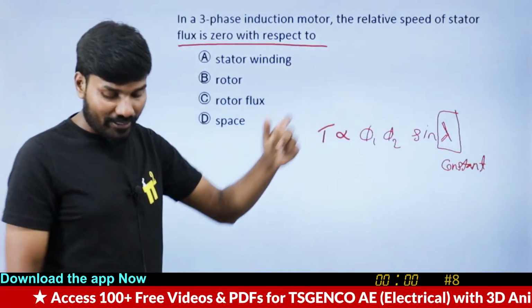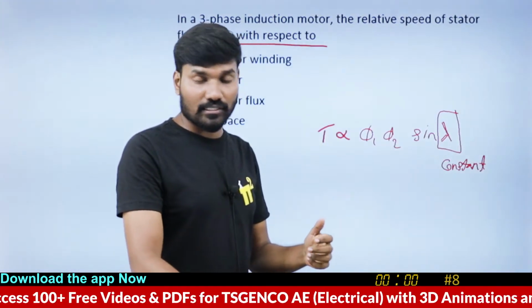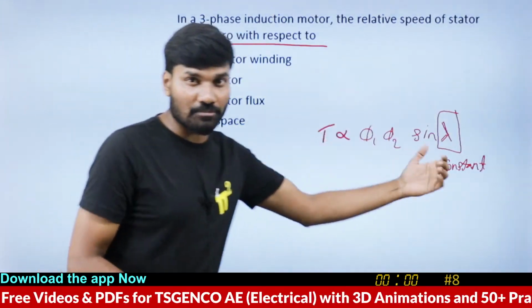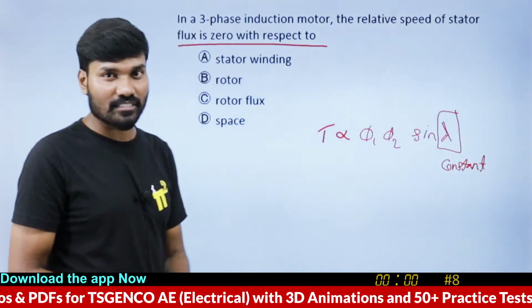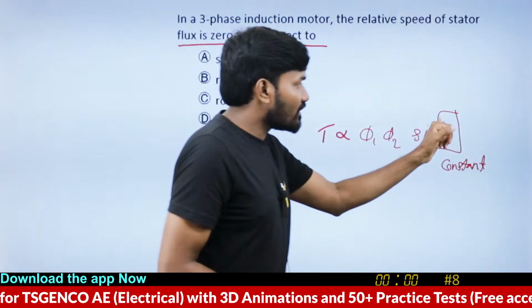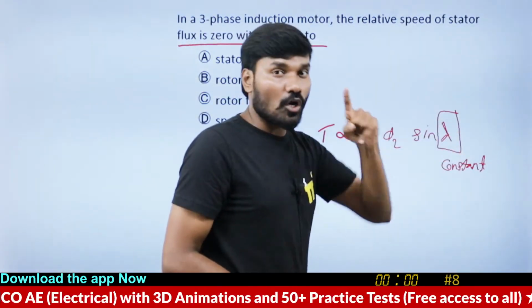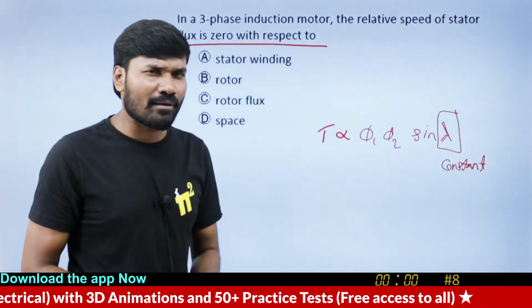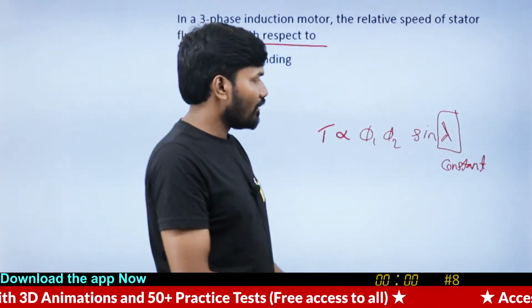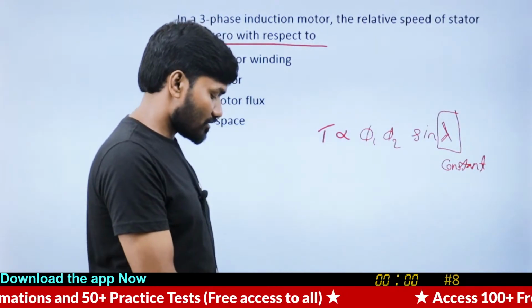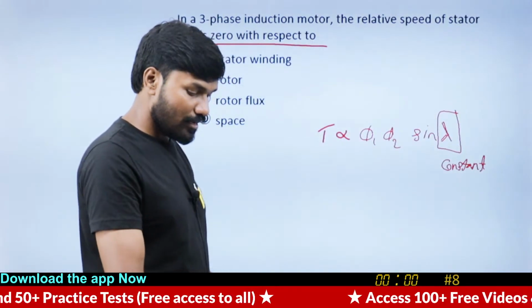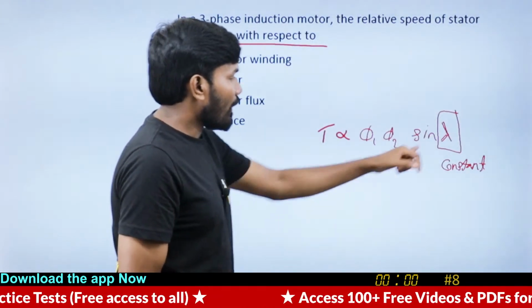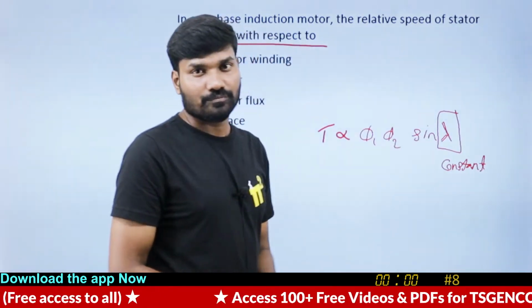The application of your machines is basically measurements. In measurements, you will see this. Suppose this lambda is not constant. Why will lambda not be constant? What is this lambda here? Lambda means the angle between phi1 and phi2.